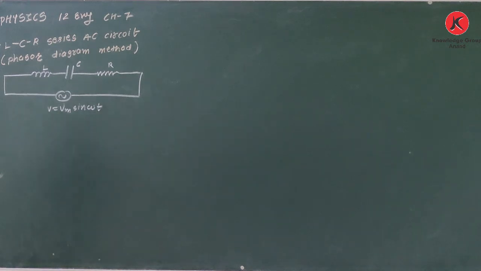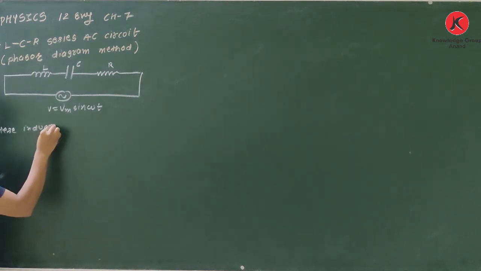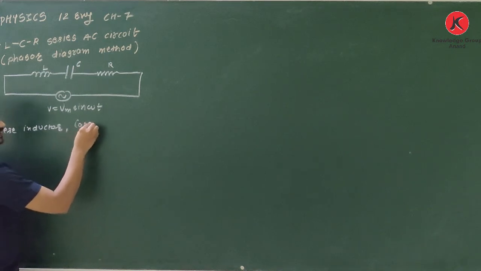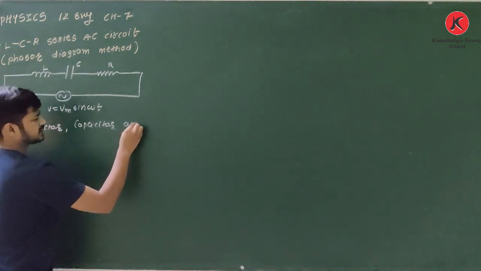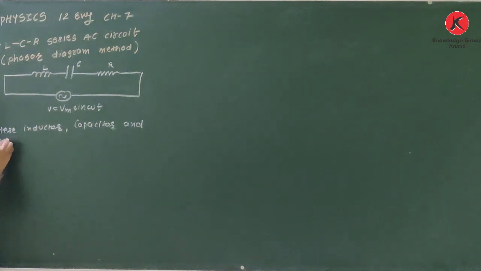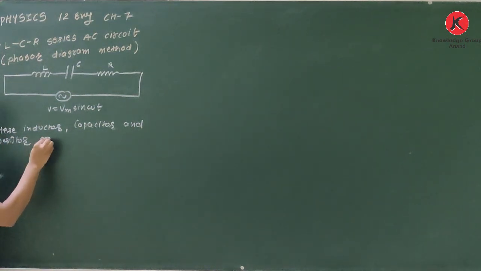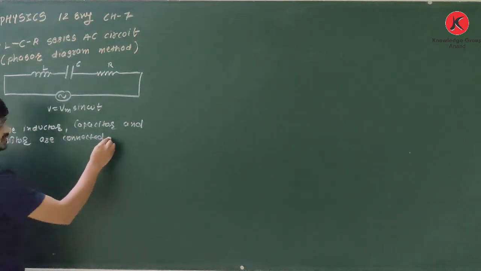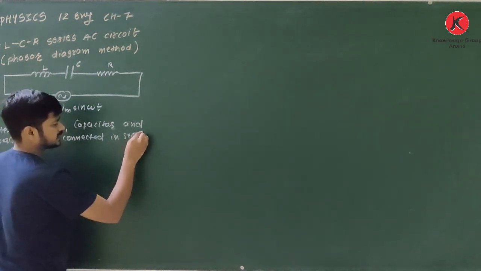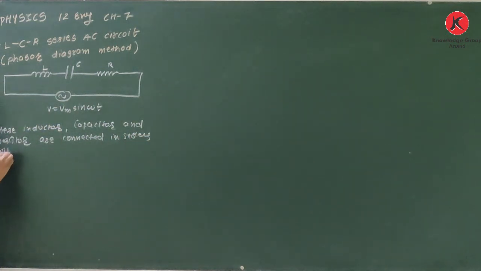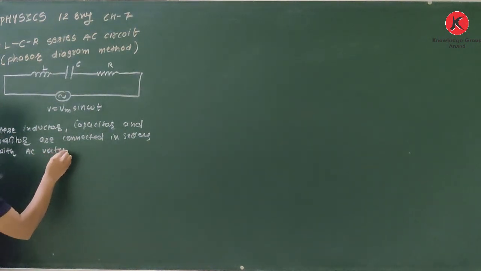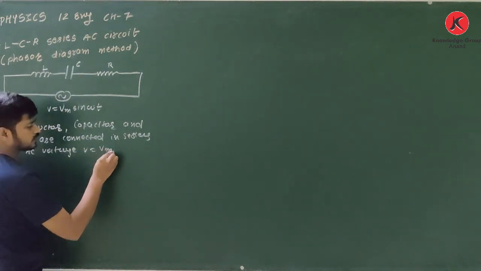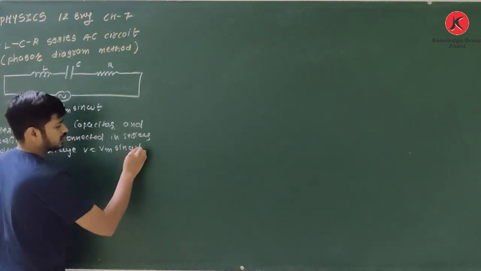Here the inductor, capacitor and resistor are connected in series with the AC voltage V equals Vm sin omega t.